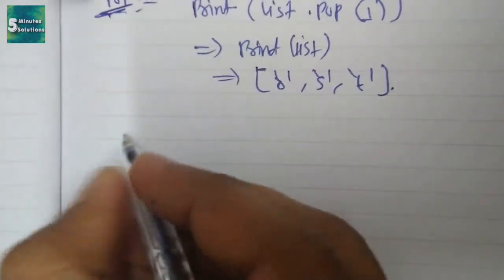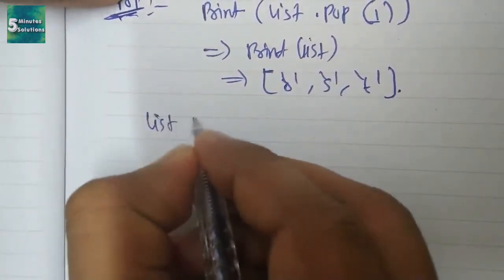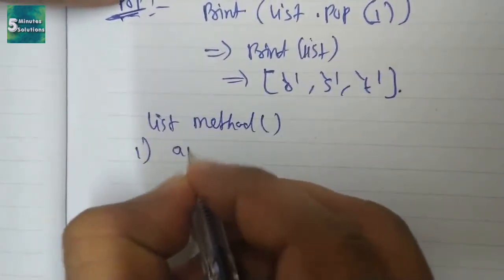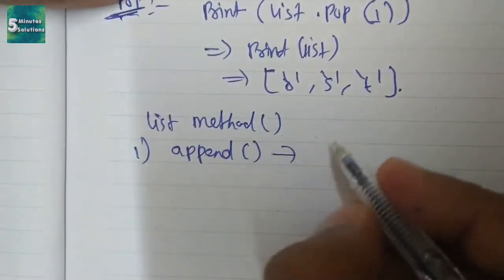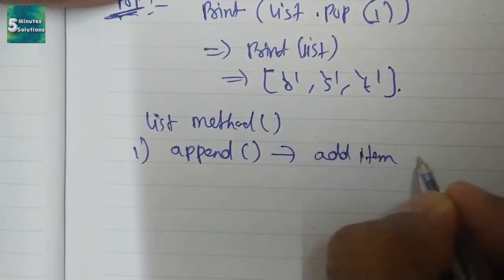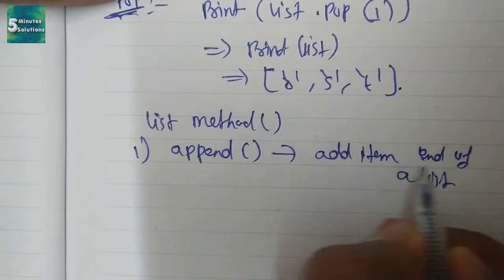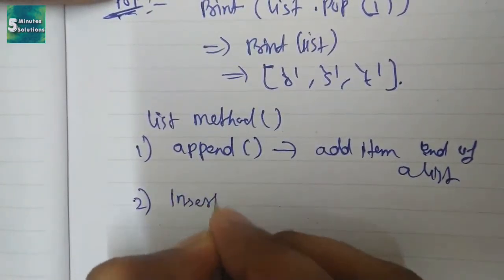Let me explain all the Python list methods once again. First one, append. Append is used to add an item at the end of a list. Second one, insert.